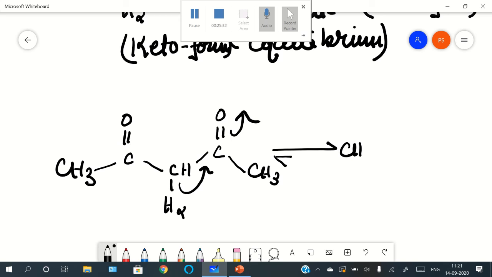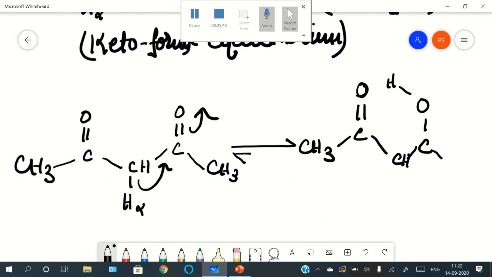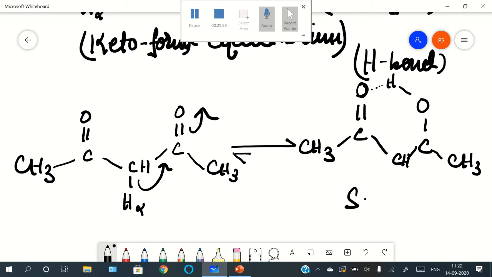And when it is undergoing tautomerism, this is the structure that is formed as an enolic form. A hydrogen bond is observed, which results in this kind of 6-member ring.